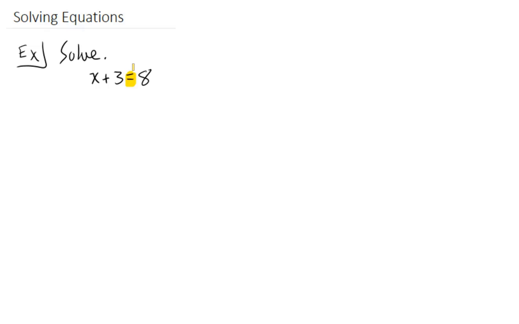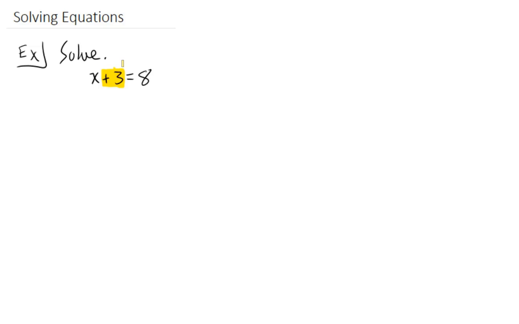Now in this case, I chose a simple one because you can just know by inspection that x needs to be 5, but we're starting with a simple one so you can see how the properties of equality work. So in this case, essentially, we call this getting x by itself. So right now on the left side, there's this plus 3 with x.